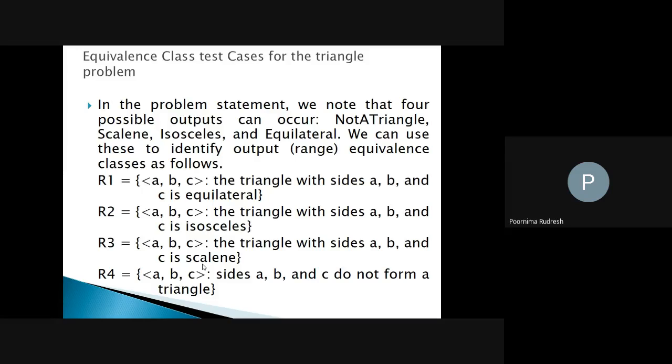One is the weak normal equivalence class testing, and the second is the strong normal equivalence class testing. After that, you have studied the weak robust equivalence testing and the strong robust equivalence class testing. So these four strategies you have studied in this class. In tomorrow's class, we'll consider the test cases for these strategies.